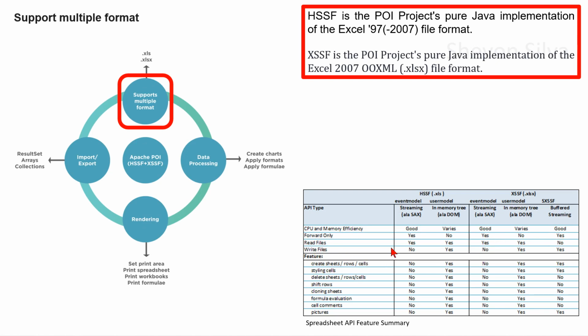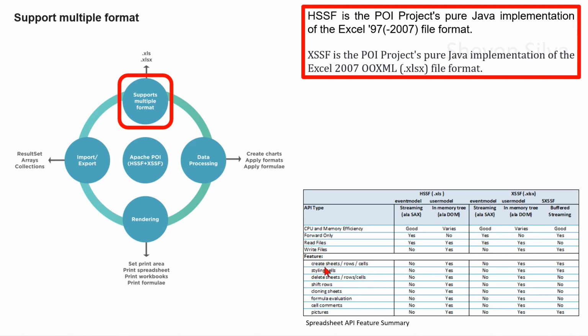Read file: in HSSF it's yes, in the event model and user model in HSSF it's yes, and with SXSSF it is no. And write files: in the event model in HSSF it is no, and in the user model it is yes. In the event model in XSSF no, and in the user model yes, and in SXSSF it is yes, buffered.